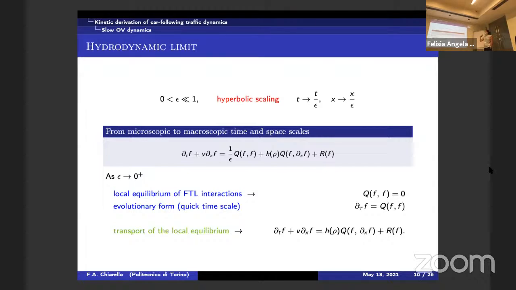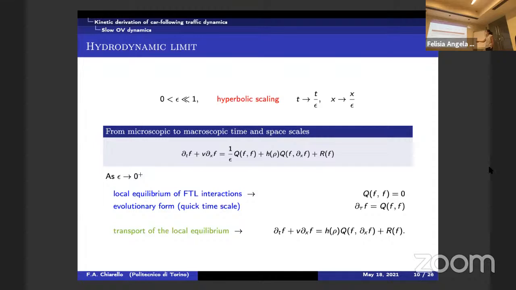Now we perform the hydrodynamic limit. So as epsilon tends to 0, we can split this equation into two equations. The local equilibrium of follow the leader interactions, this one, and the transport of the local equilibrium, this equation.